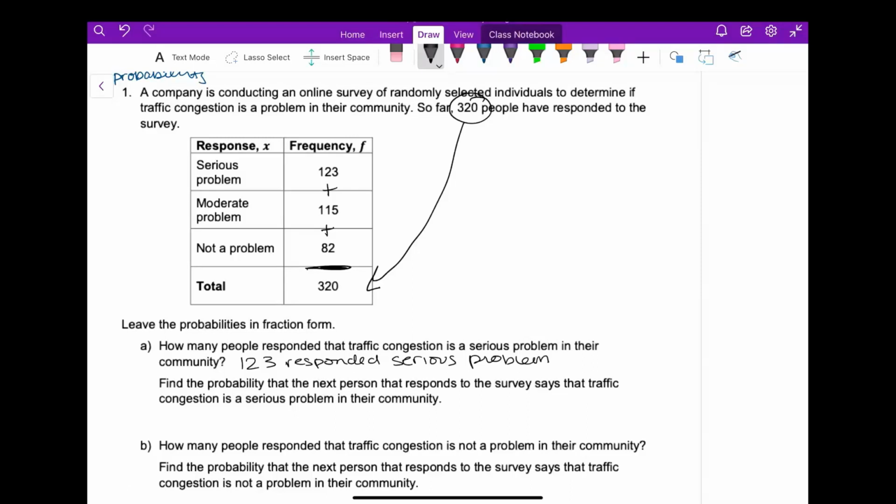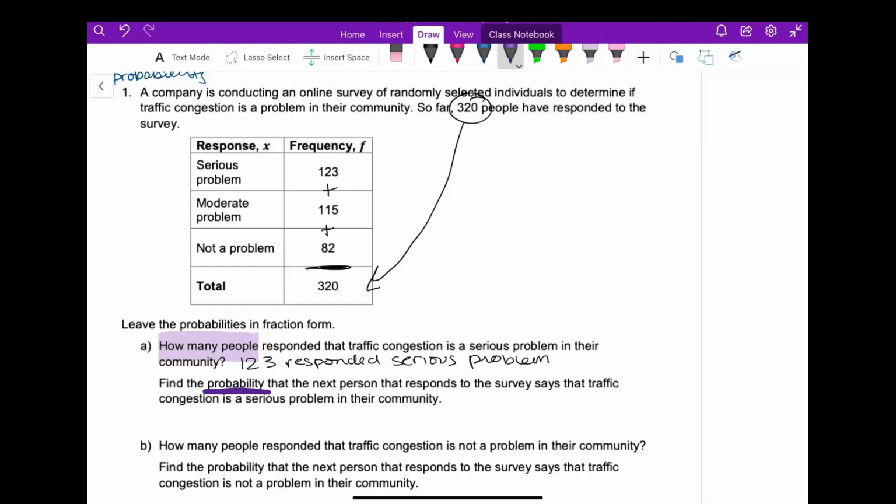Find the probability. Take a look at the big difference in these questions. This is how many people. So we just answer something simply like 2 people, 3 people. This one does not say how many people. This says find the probability. Find the probability that the next person that responds to the survey says that traffic congestion is a serious problem in their community.